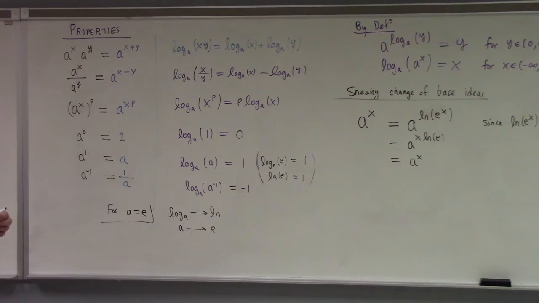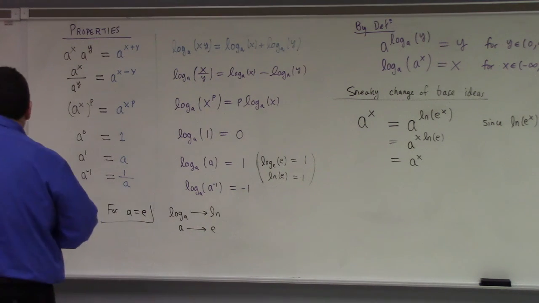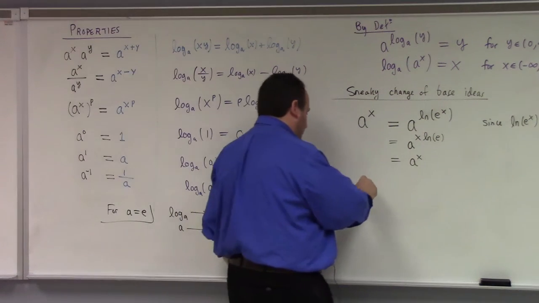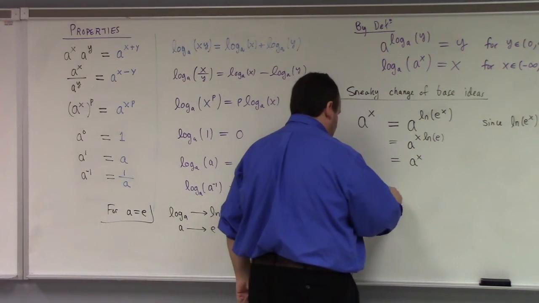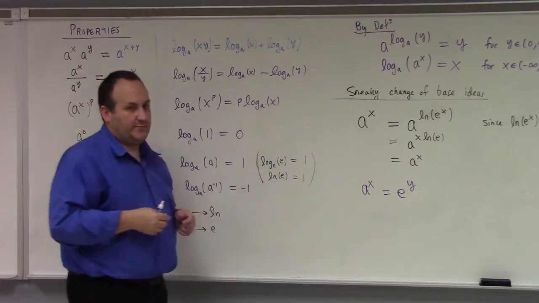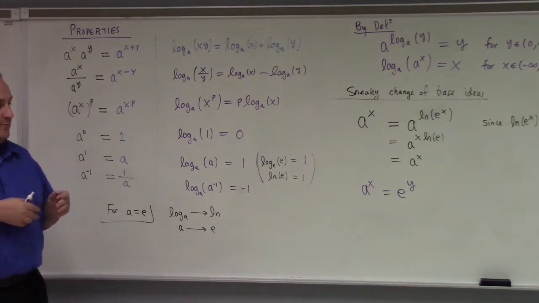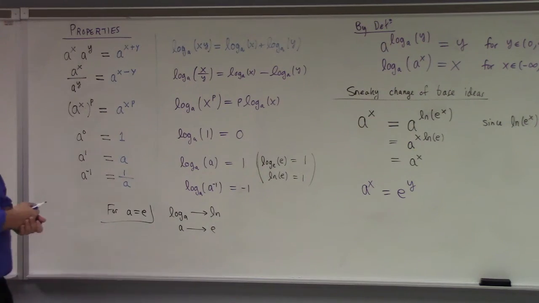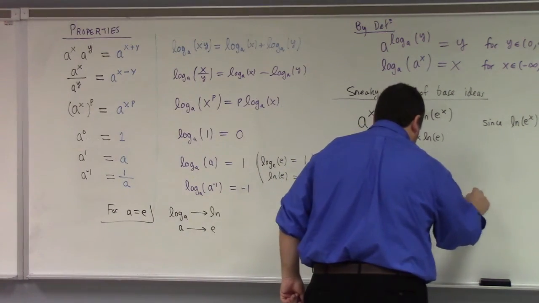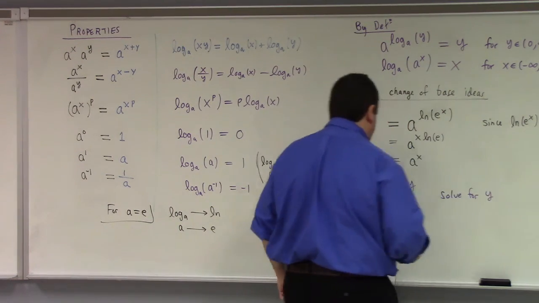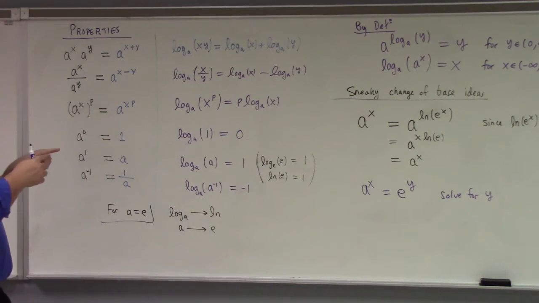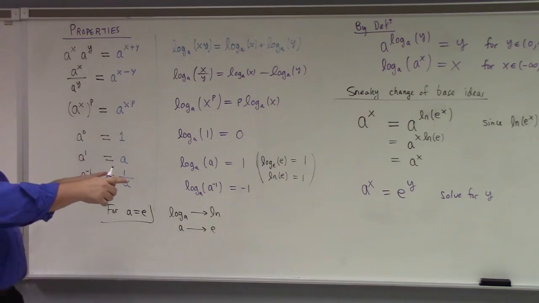Let me derive it, if you don't mind. My claim is that we can write a to the x as equal to e to the y for some choice of y. What would you put for y? Can you solve for y? What I want to do is take the natural log of both sides of the equation.